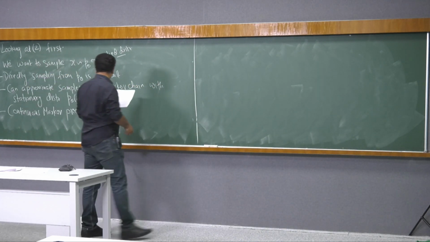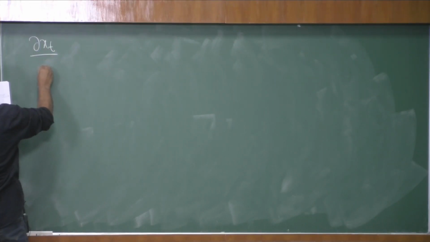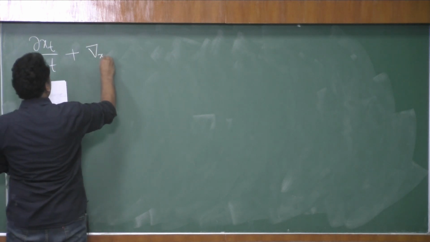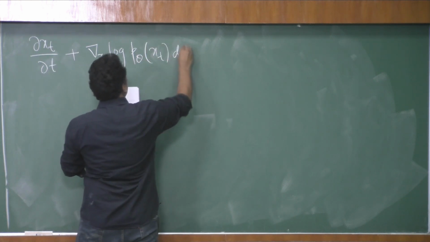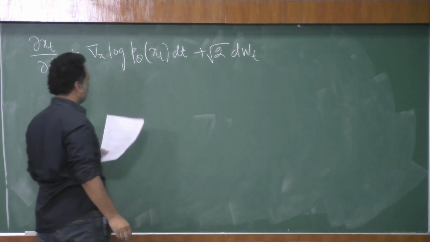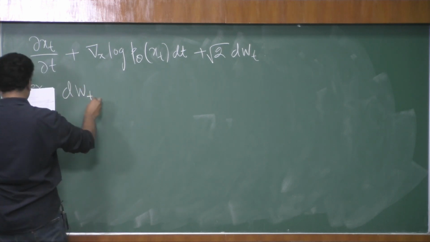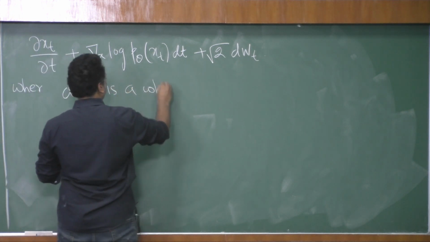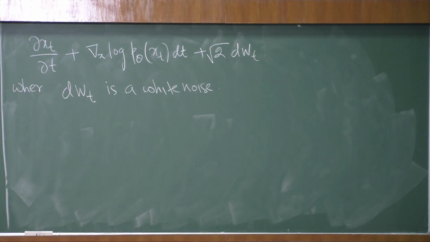So we have the continuous variant, which is del xt by del t plus grad x log of p theta xt dt plus square root of 2 dwt, where dwt is some noise, let's say Gaussian noise, so a diffusion process that follows these dynamics.